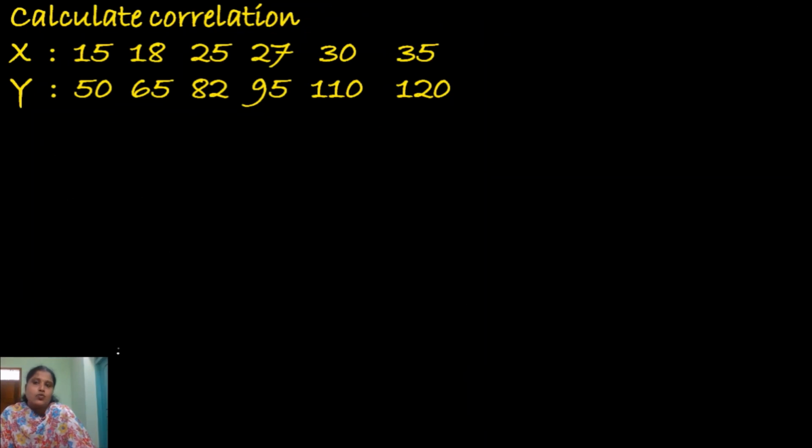Let me discuss one more problem under correlation. Calculate correlation. Here the two variables x and y are given. The formula for calculating correlation is r is equal to covariance between x and y over standard deviation of x into standard deviation of y.